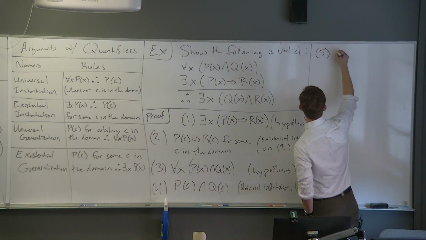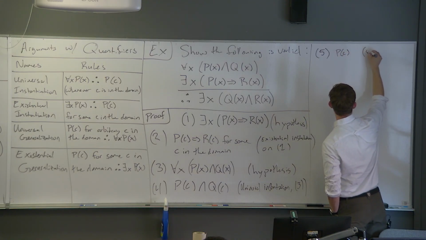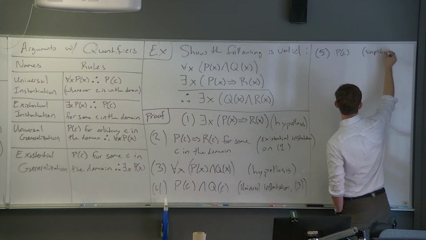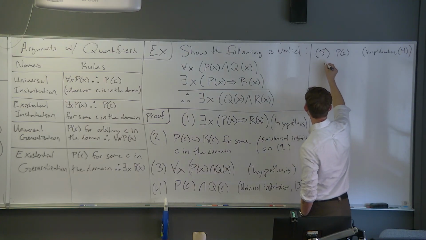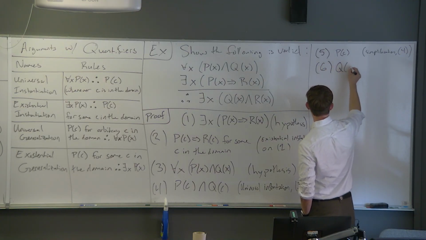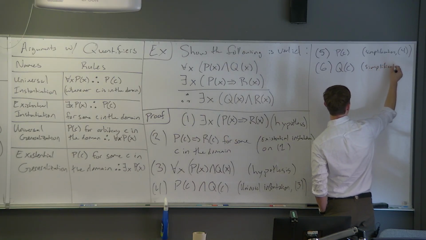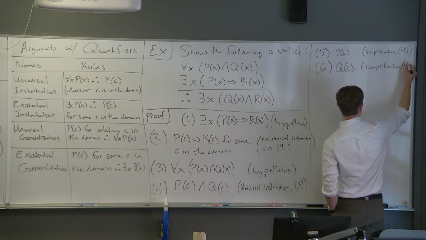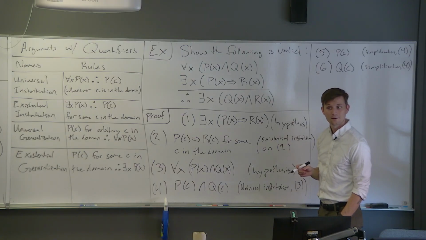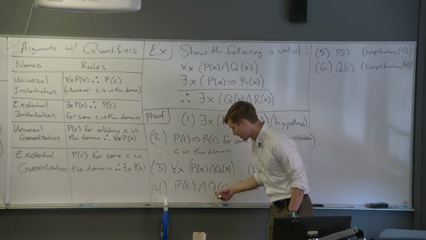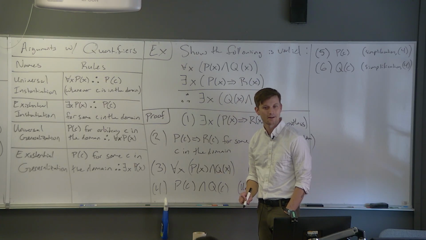I get p of c. Simplification on 4 gives me p of c. 6, I also get q of c. For the same reason, I can simplify 4. That is, if p of c and q of c is a true statement, both of those things are true separately.